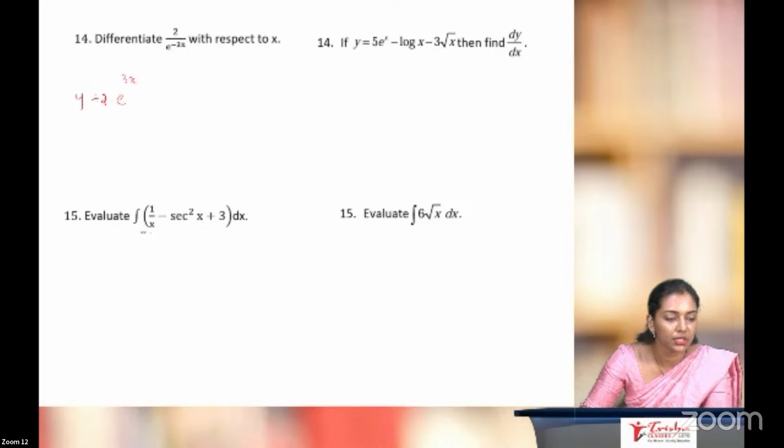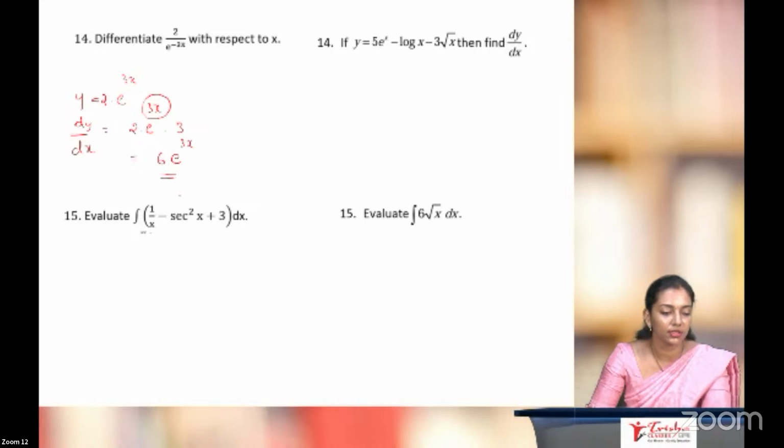Now differentiate with respect to x. So dy by dx equal to 2 into, with the chain rule, e to the power 3x, then differentiating 3x gives 3. So it is 6 e to the power 3x. This is the answer.